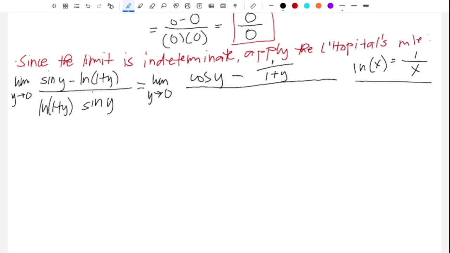Therefore, in this case, our x is 1 plus y. Then let's do it in the same manner for our denominator, as we did for our numerator, where the derivative of sine y is cosine y.